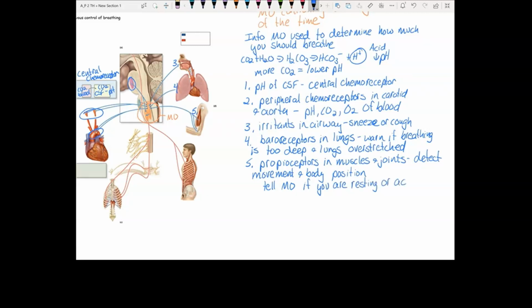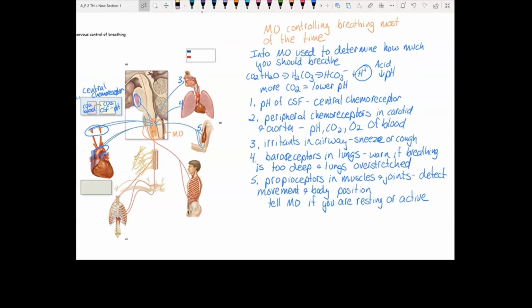Okay, so that's the information. The blue lines here are all representing information that's going to your medulla oblongata. Now notice we have a couple of red lines. So let's look at those red lines and see what they're doing.